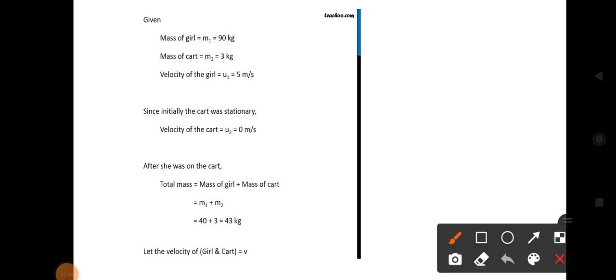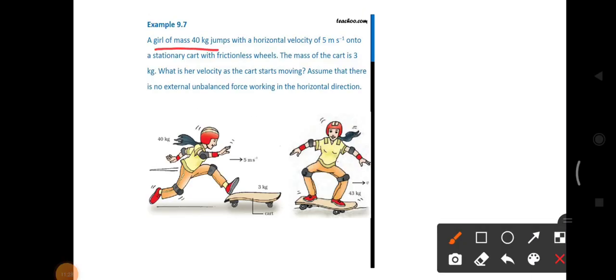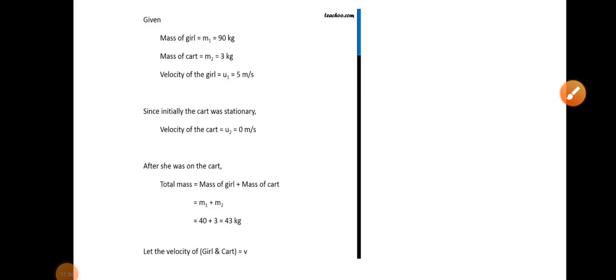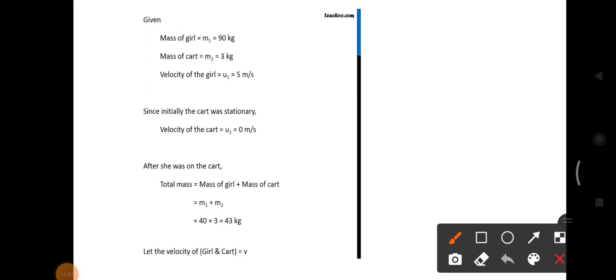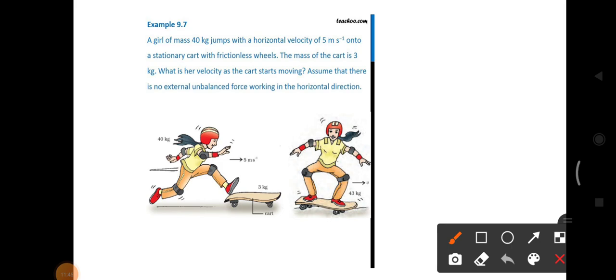The mass of the girl M1 is not 90, it is 40 kilogram. See here, the mass of the girl is 40 kilogram, so the mass of the girl is taken as M1, that is 40 kilogram. And the mass of the cart M2 is 3 kilogram.